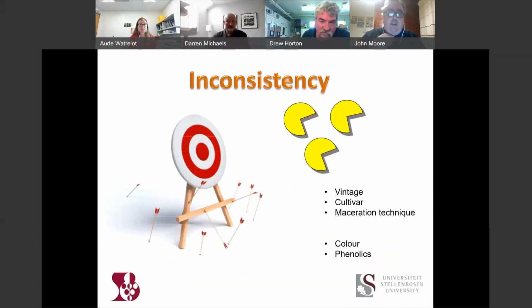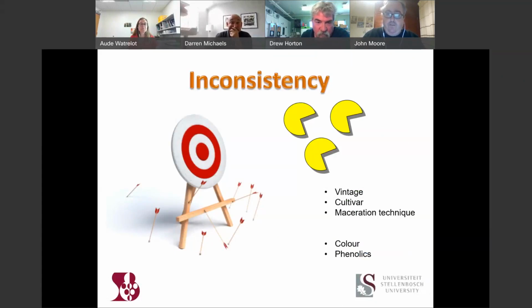So as Darren mentioned, a lot of factors influence the choice of using enzymes and what the objectives of the choice of enzymes are. We know that things can be inconsistent in winemaking.